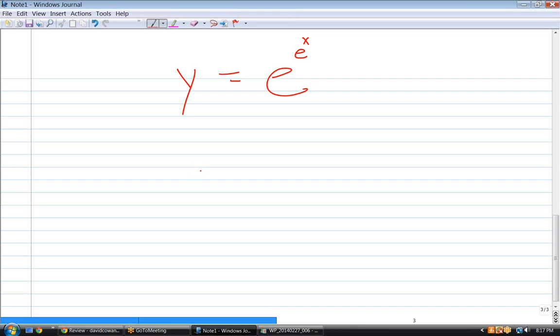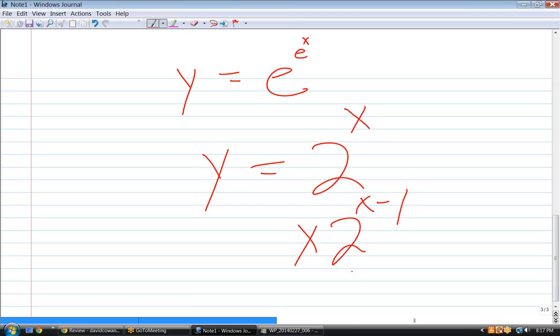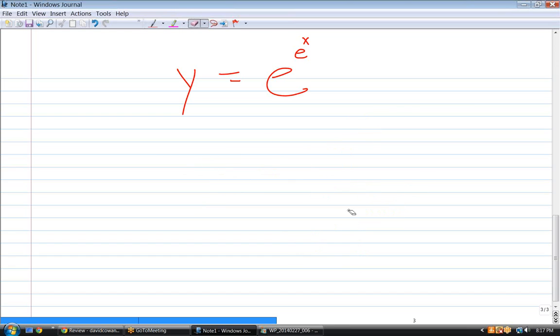In other words, if I said y is equal to 2 to the x, dy/dx is not equal to x times 2 to the x minus 1. You cannot use the power rule when x is in the exponent. So it becomes a little more difficult to differentiate.